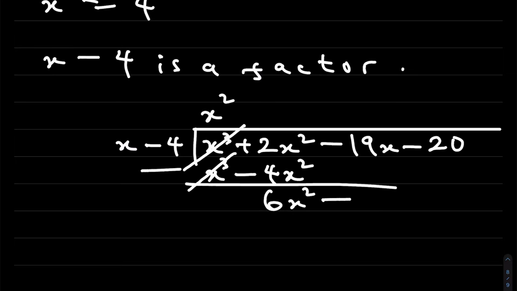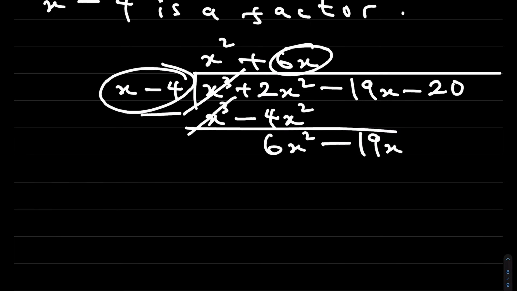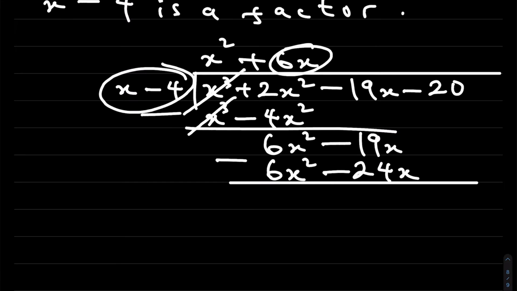Now we bring down the next term, which is minus 19x. We go again, 6x squared divided by x is 6x. Then we multiply the whole of this by 6x. X times 6x is 6x squared, and minus 4 times 6x is minus 24x. And then we subtract again.